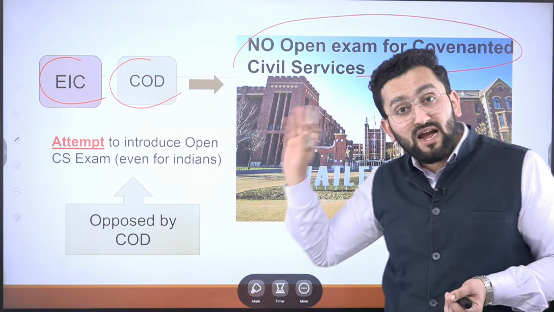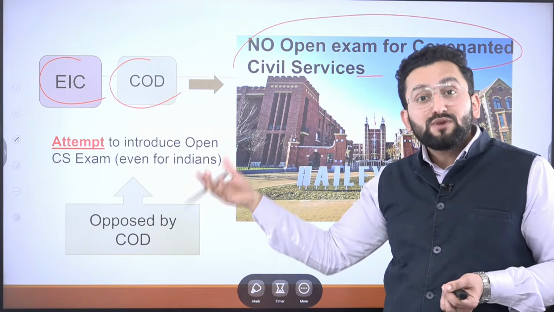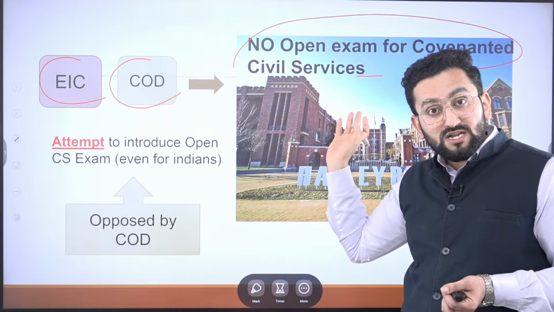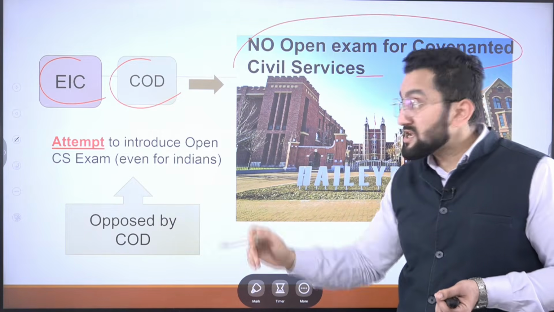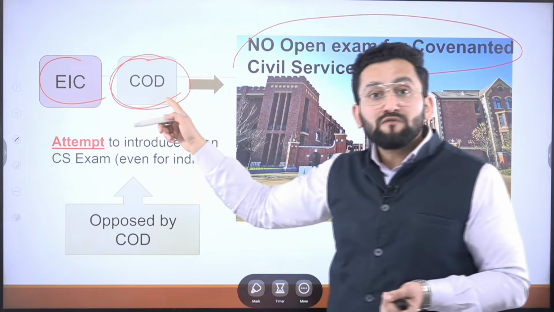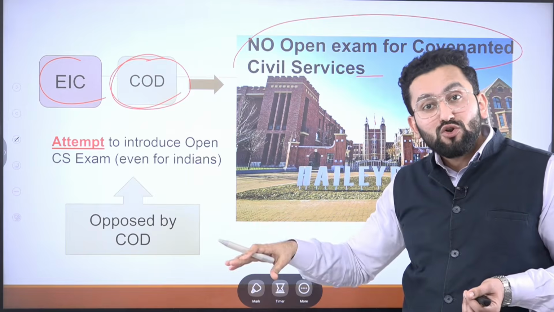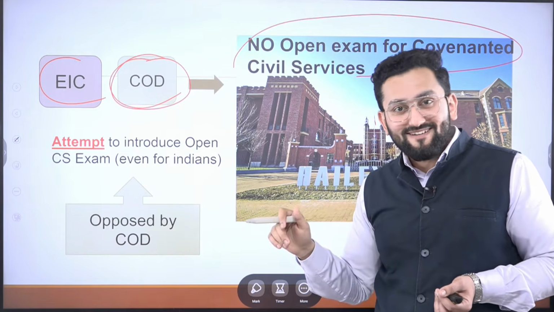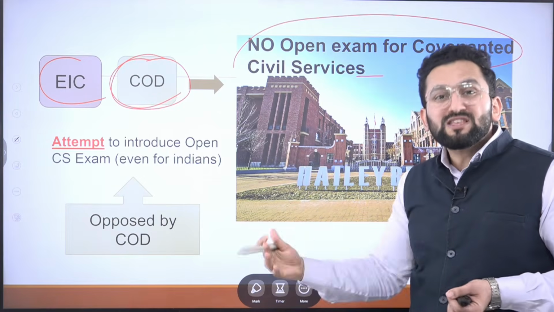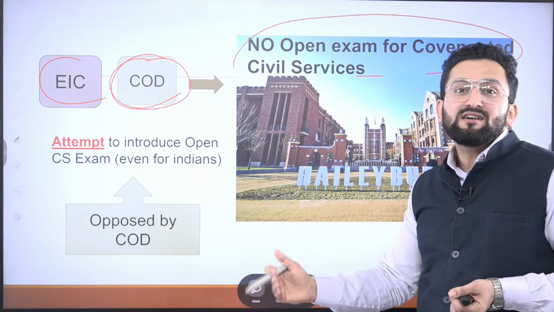So that is why there is Haileybury College in London where you have to take admission to be part of the covenanted civil service, and you could not take admission there without a sponsoring letter of the Court of Directors. In that way, they were maintaining control on who is going to work as a bureaucrat, right? So they did not want to lose their control on administration in India through the English East India Company.